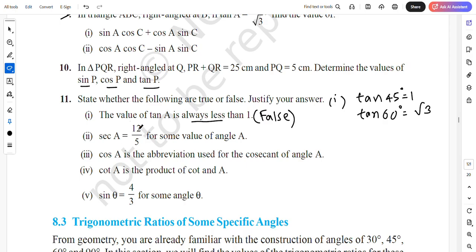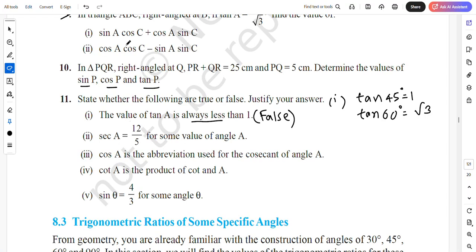Secant A is equal to 12 by 5 for some value of angle A. That is possible. Now we are doing the second one.